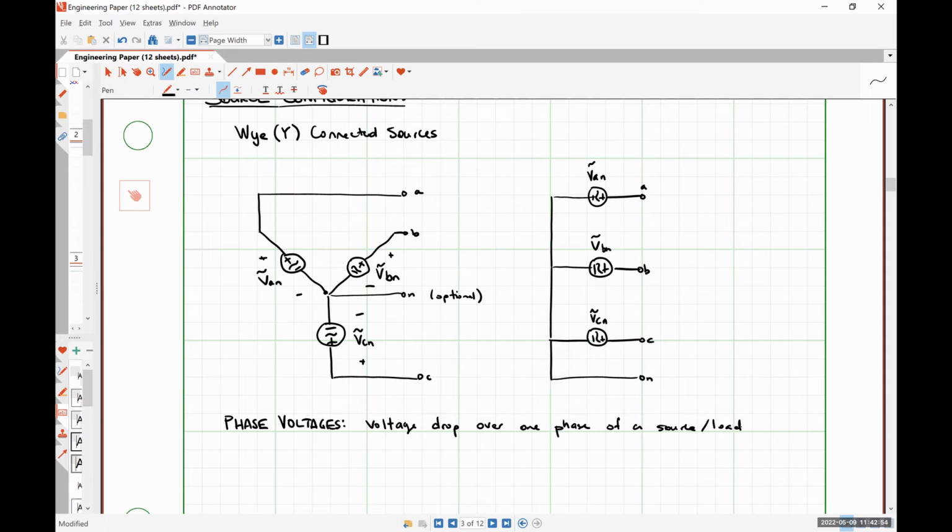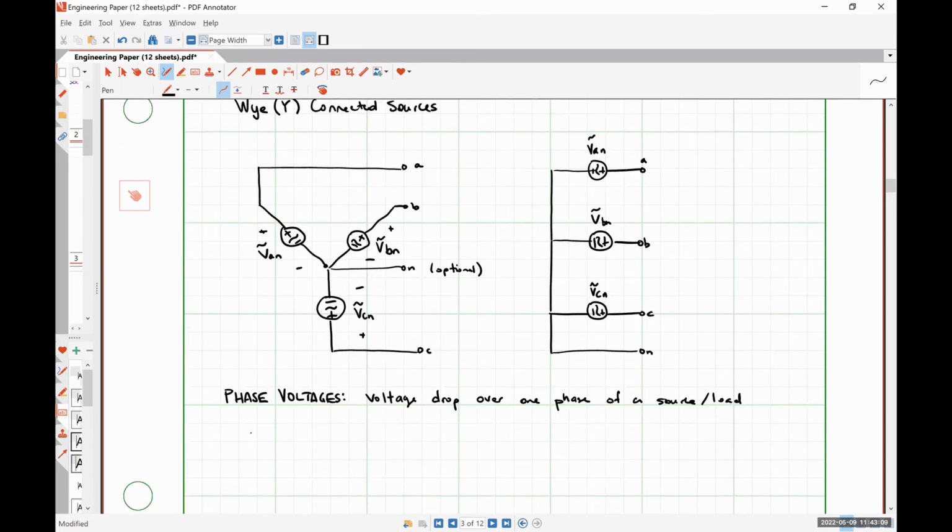So in this circuit, our phase voltages are VAN, VBN, and VCN. It's effectively just the voltage drop over each source that makes up our three-phase voltage source.